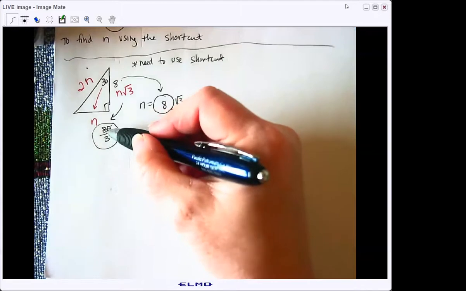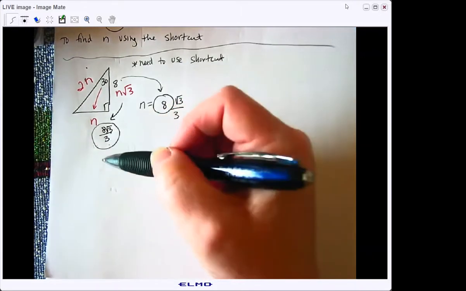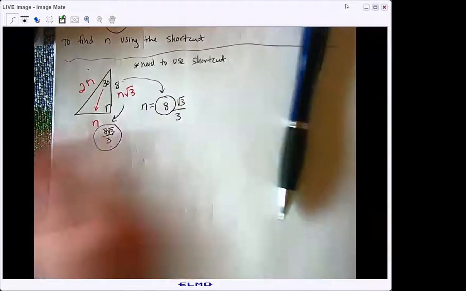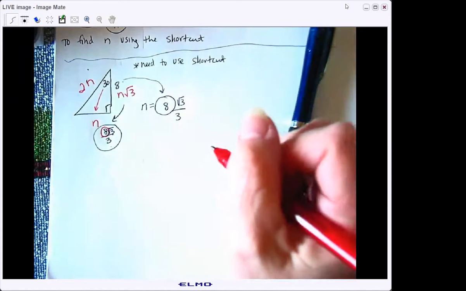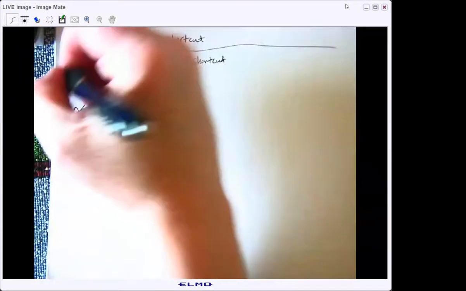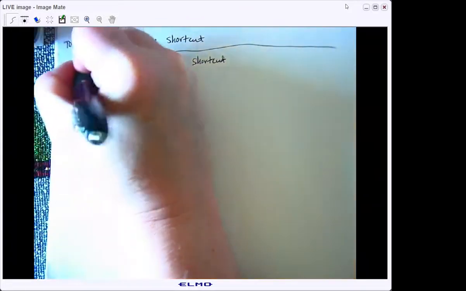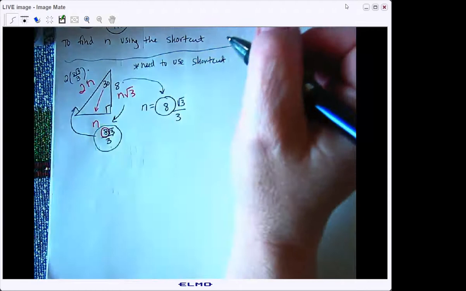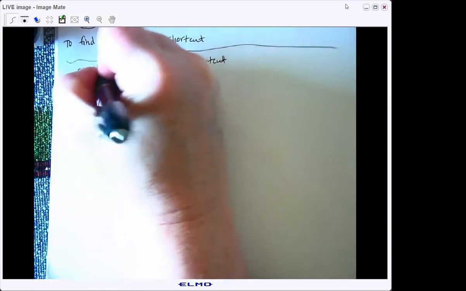If I multiplied both of them, I'd multiply it by 2 over 2, that'd give me a 1, so it wouldn't change its value. The only number that we're going to be multiplying is the 8. So when I come over here, I have 2 times 8 root 3 over 3, which is going to give me 16 root 3 over 3.